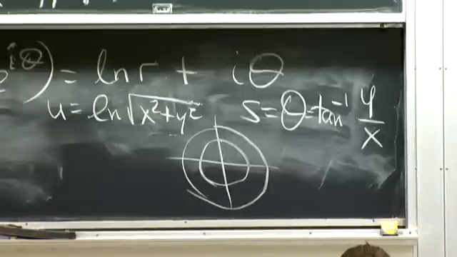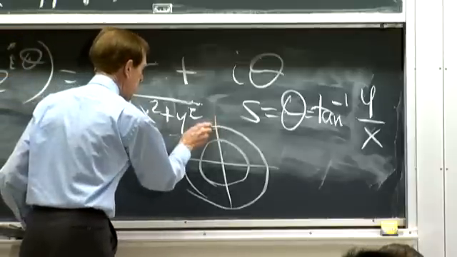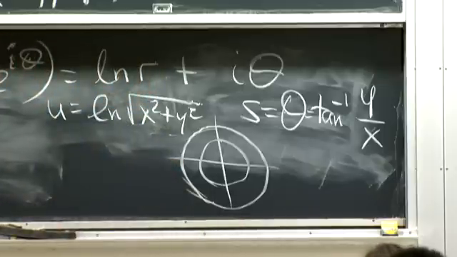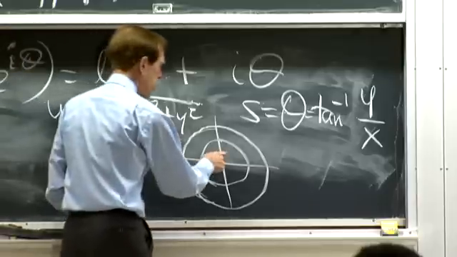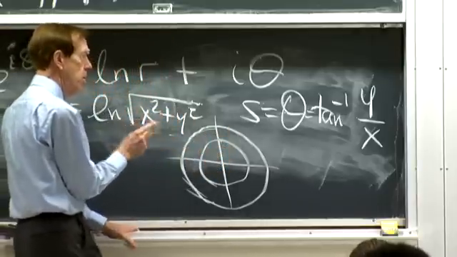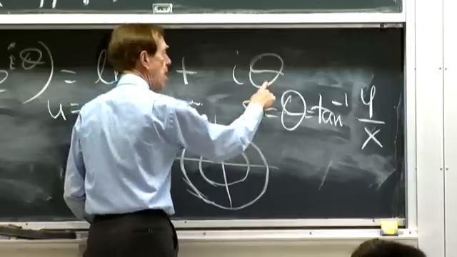But all the others are great. And what are the streamlines now? If I've drawn one family, you can tell me the other family. The streamlines will be radial lines, because they're going to be perpendicular to this. And so what do I get? This is the stream function, theta.